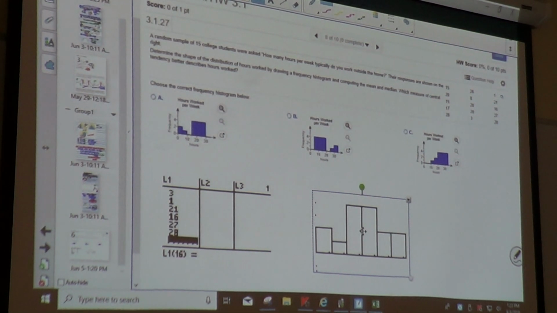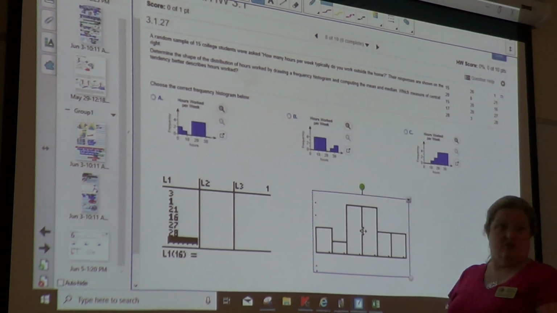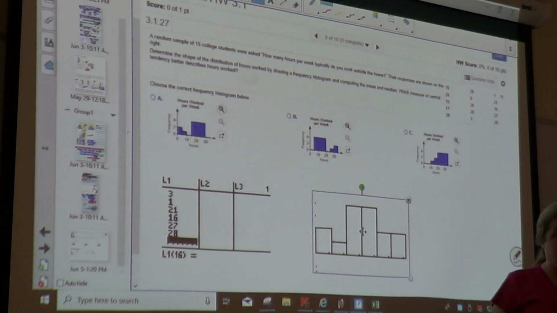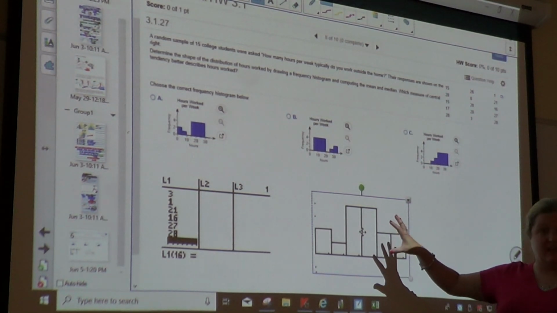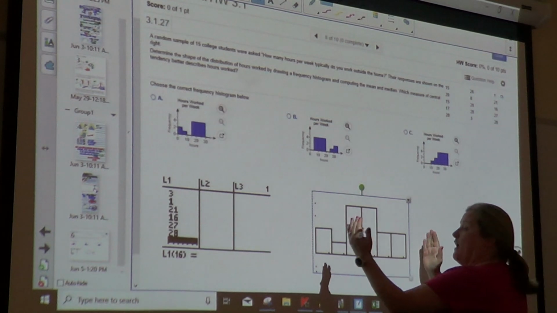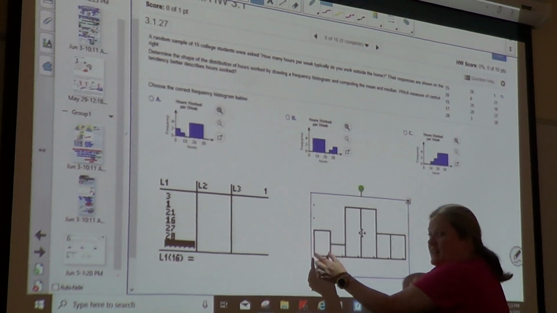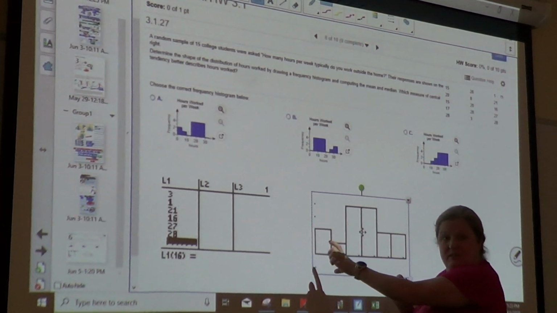Okay. So, ours does not look like theirs. So we have a little bit of a problem. When you do zoom 9, your calculator chooses how wide it wants to be, what the class widths are, what the frequencies are.